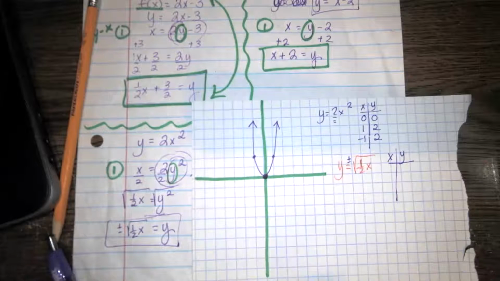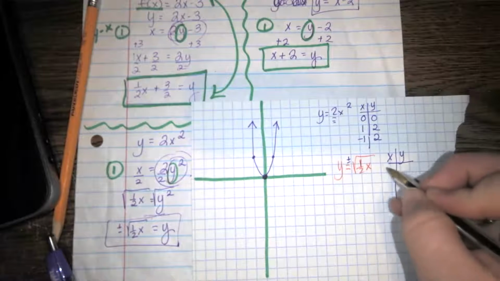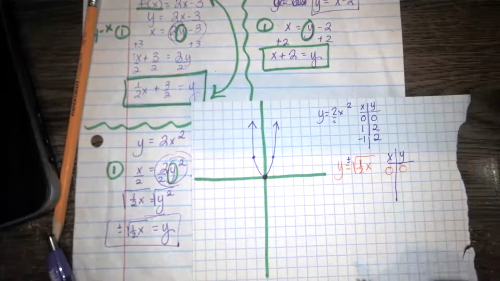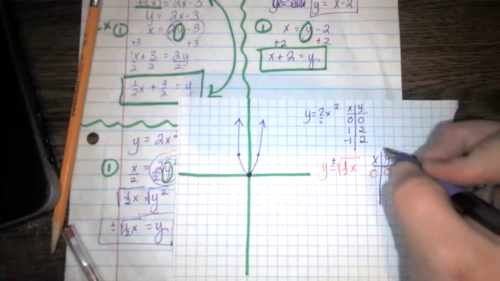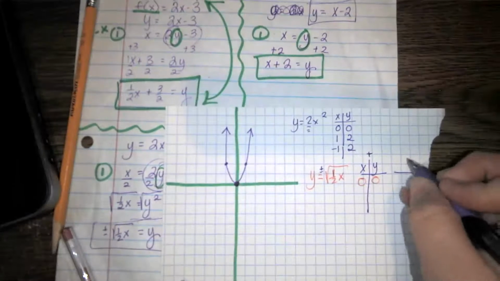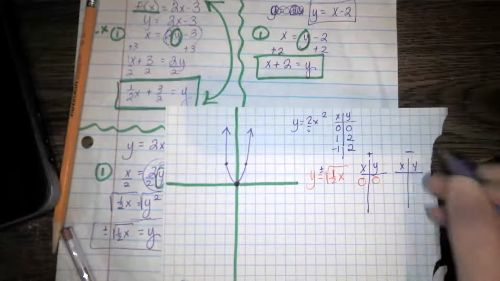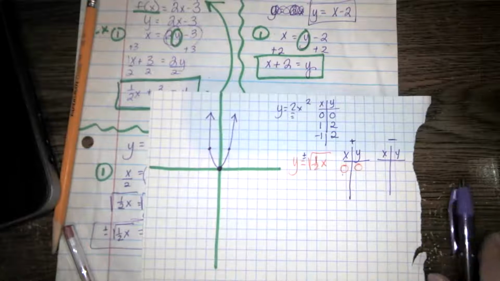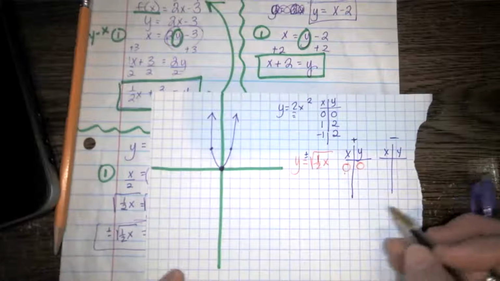So if I plug in, if I do my 0, I still get a 0, don't I? Let's do this for the plus, okay? And then we'll think about it for the minus part, okay? Or how about this? Once we do the plus, we'll just mirror the minus. All right.